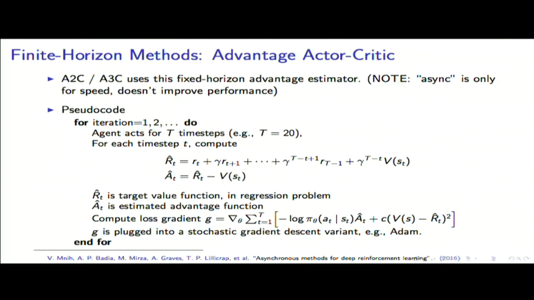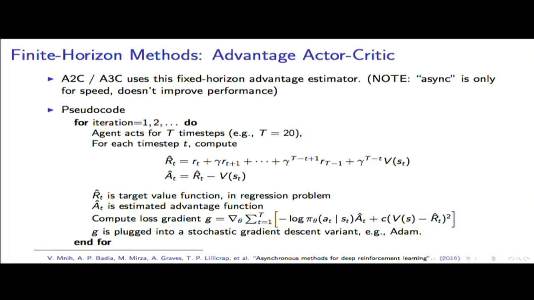Then at each time step, you use that short window to compute the returns and the advantages. You compute the return, which is the discounted sum of rewards going up to the last time step. The advantage is that return minus the state value function, which is approximated by a neural network.